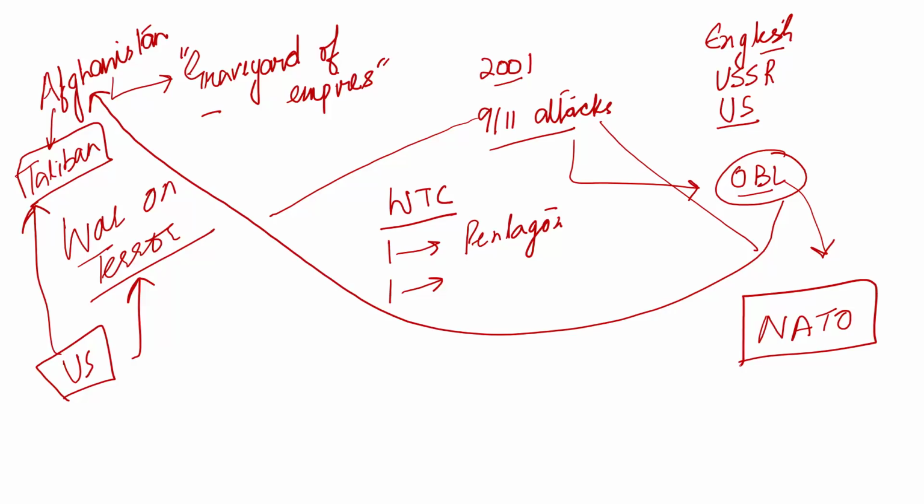And this war ultimately led to the defeat of the Taliban. Taliban was moved out of power. Later on, Osama bin Laden was also captured and killed in Abbottabad in Pakistan, which was very close to the Pakistani army headquarters. But be that as it may, the point is that Osama bin Laden was arrested and killed.